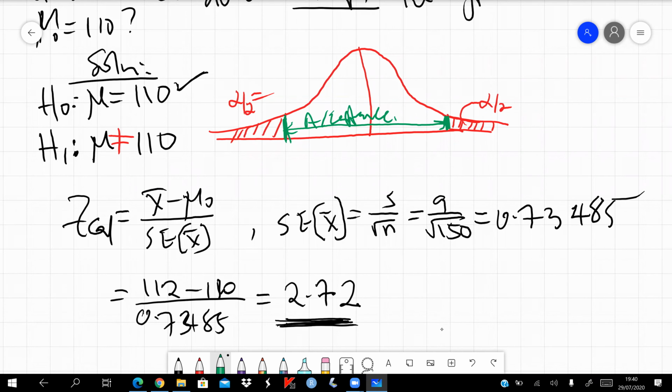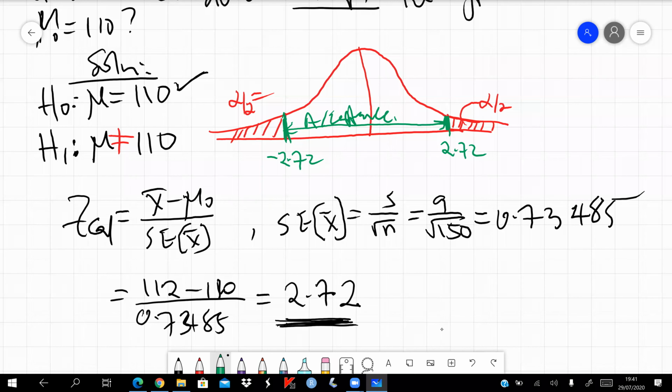You don't want to put your Z calculated in the middle somewhere. So set this value at minus 2.72 and this one at 2.72. That value will give you a level of significance that helps you fail to reject the null hypothesis.